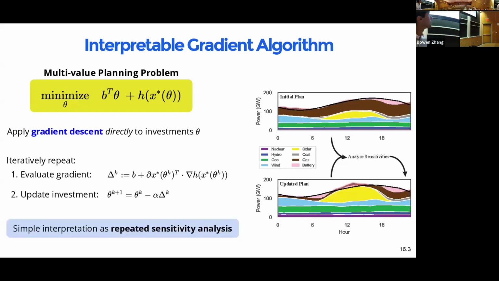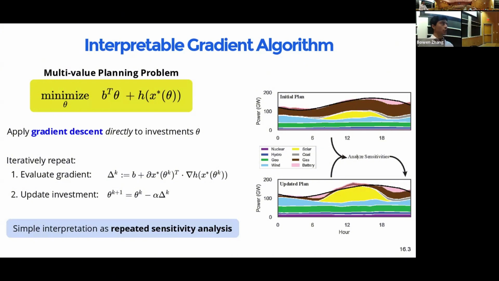And what's nice is that this has a nice interpretation as repeated sensitivity analysis. You start off with some initial plan, maybe picked at random, and then you analyze the sensitivities, how things like emissions or prices or costs change with respect to capacities. And then you update your plan and obtain the new result, the new supply mix.